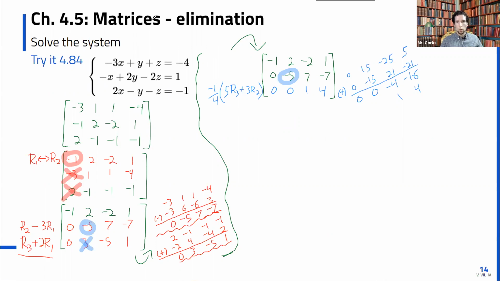So this worked out very nicely. We now have a 1 in the last position of our diagonal. We don't have a 1 here yet, but it'll be pretty easy to do that in just a moment. But we've done the eliminating. So all those positions there are gone, and that's great.